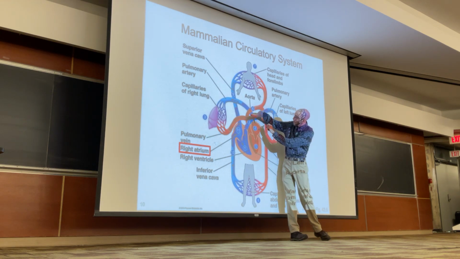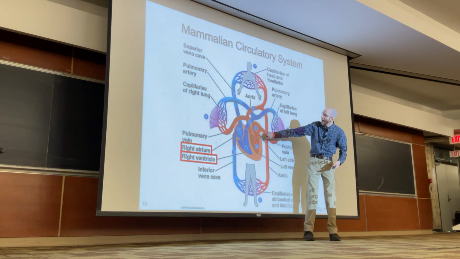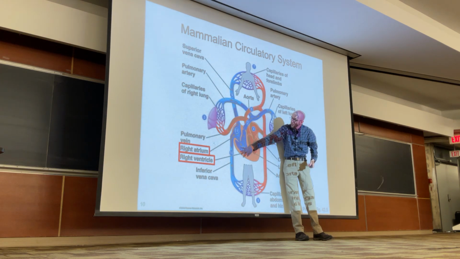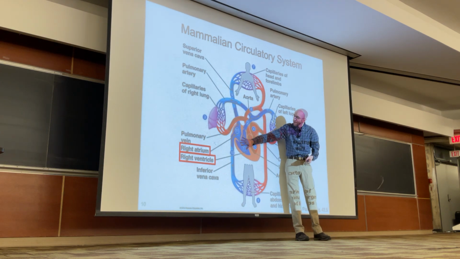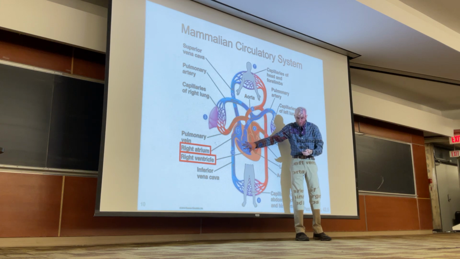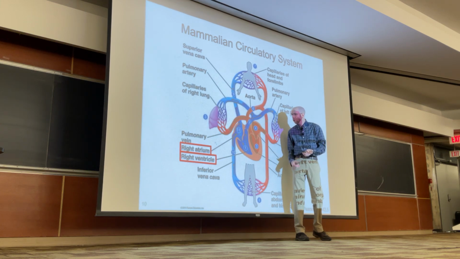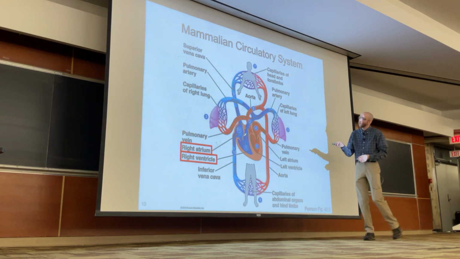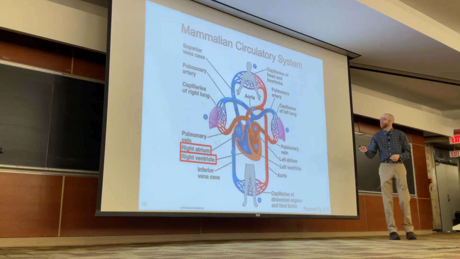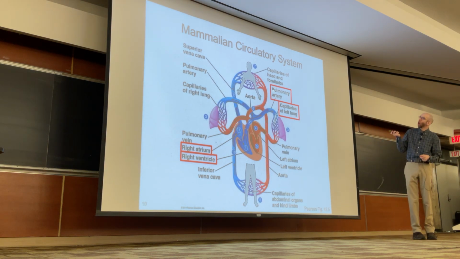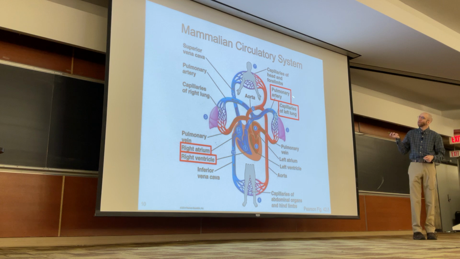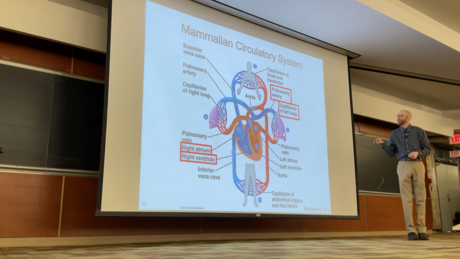Now the atria are going to contract, and then the blood is going to get pushed downwards into the right ventricle, right here. When the ventricles contract, the blood in the right ventricle is going to get pushed into the pulmonary arteries. Those are the blood vessels that bring that blood to the lungs.